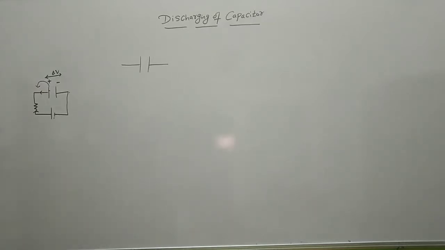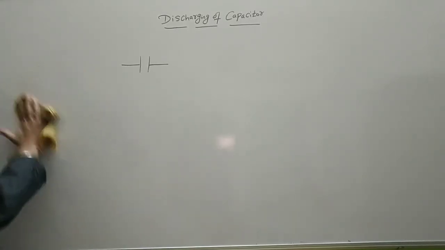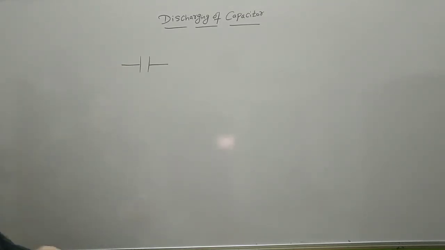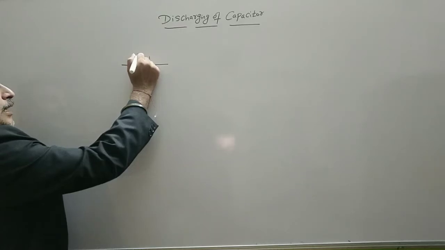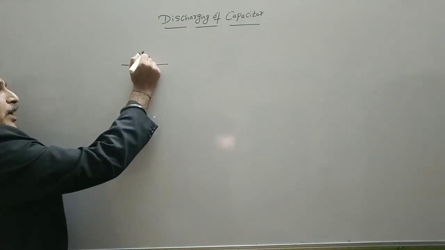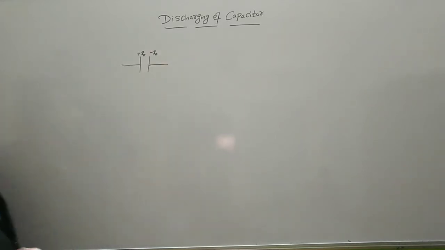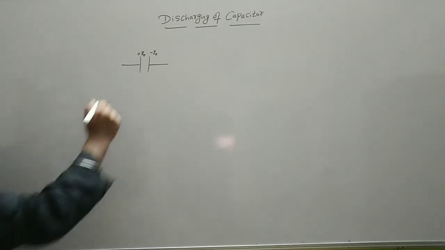When they are equal, the current flowing through the circuit in the ideal situation becomes zero. That state is called a steady state. Now the capacitor is fully charged. The charge on this plate is plus Q naught, and on this plate minus Q naught. That is the maximum charge on the capacitor.